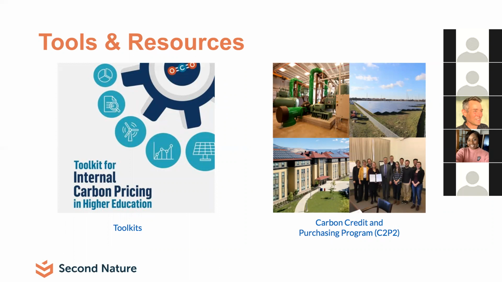Our C2P2 program helps institutions bundle together, if they have offsets that they're able or interested in selling, they bundle them together with other institutions. Then they use us as an intermediary by virtue of being the network, and then we work with a marketer to help market those credits. And it's great.